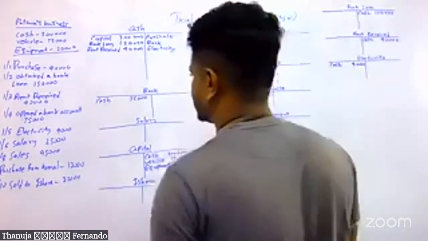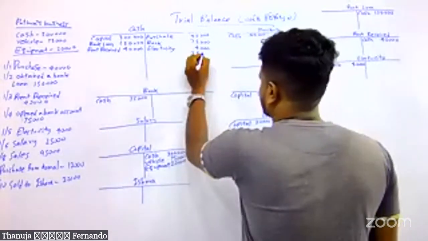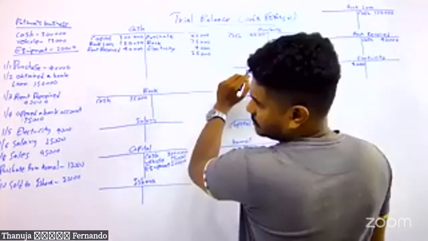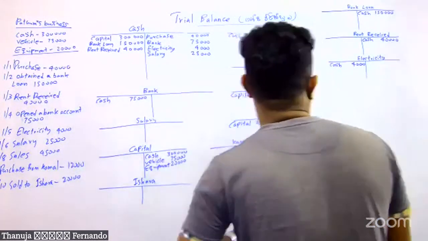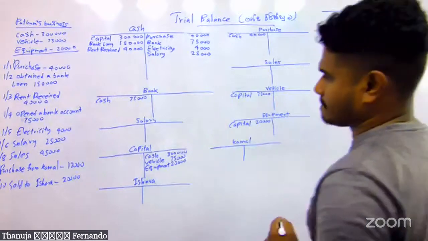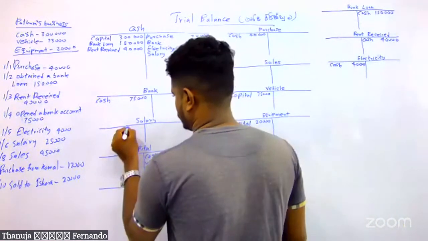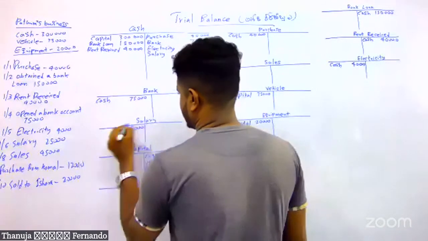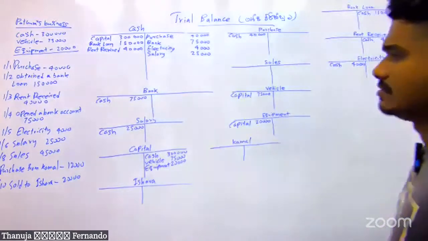When we pay salary, salary is an expense, cash decreasing 25,000 as salary. Under the salary account, salary is an expense, increasing expense, debit 25,000 as cash.